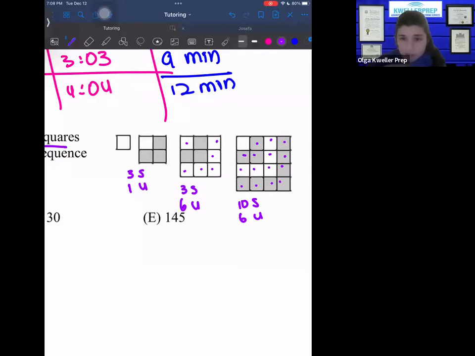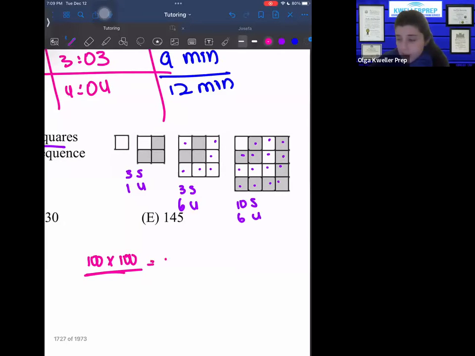Basically, eventually we're going to get to a 100 times 100 square, right? In that square, there's going to be 10,000 squares in general.